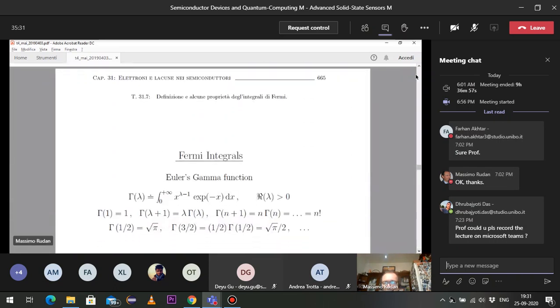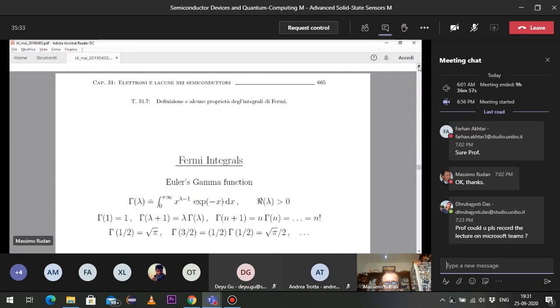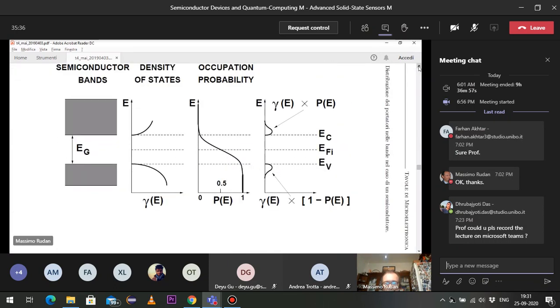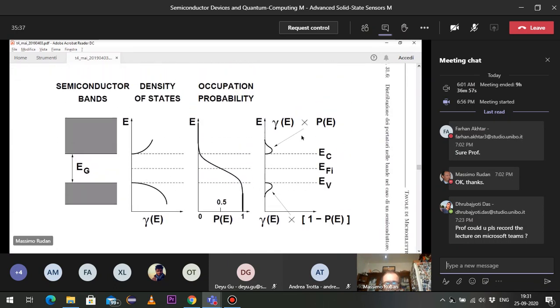Now the issue is we must calculate the concentration. Since we are interested in a semiconductor, we actually must do two calculations. One is the concentration of the electrons in the conduction band, that is the area of this curve, and the area of this curve is the integral of gamma p over the conduction band.